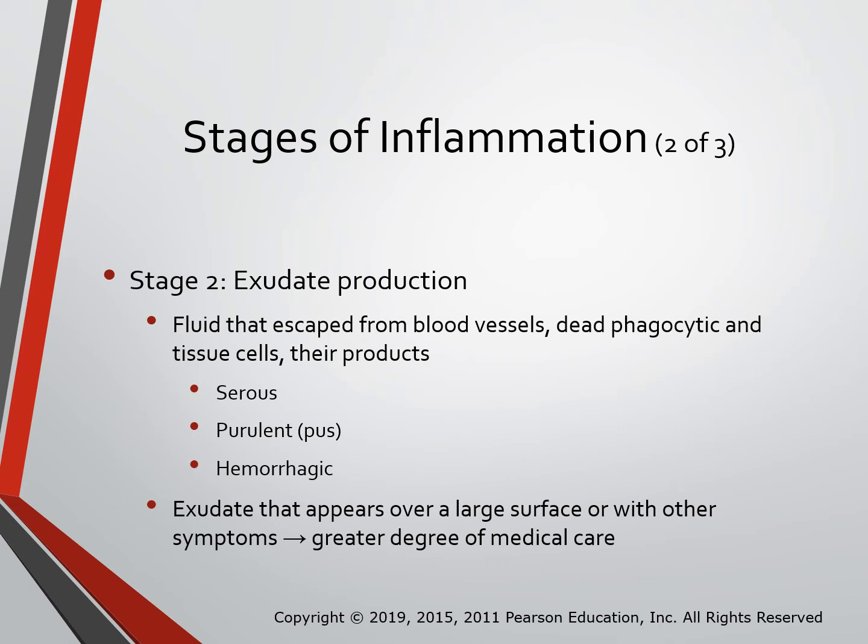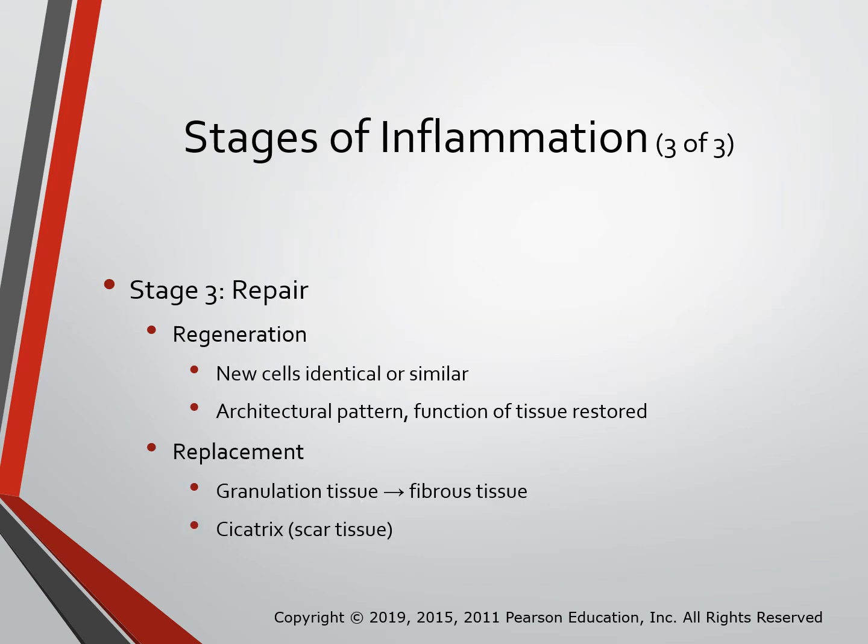Exudate that appears over a larger surface or in conjunction with other symptoms such as fever warrants a greater degree of medical care. So you need to notify the physician, and you can also have a drainage called serous sanguineous, and serous meaning it's got that clear drainage along with the bloody drainage in it as well.